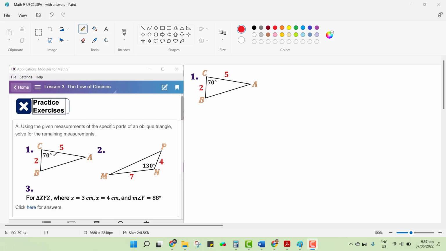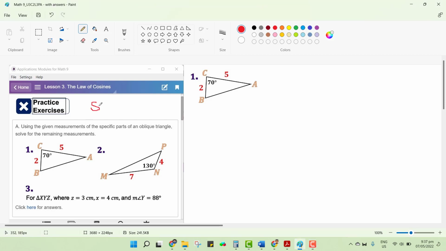However, for number 1, the given angle is angle C, but the measurement of its opposite side, AB, which could also be represented by small letter c, is not given. The other sides given here, CB, which measures 2, and CA or AC, which measures 5, don't have their pair, which is an interior angle measurement. Hence, again, we can no longer use the law of sines.